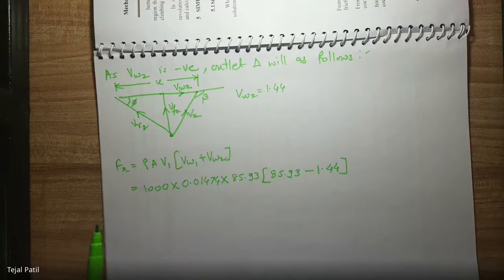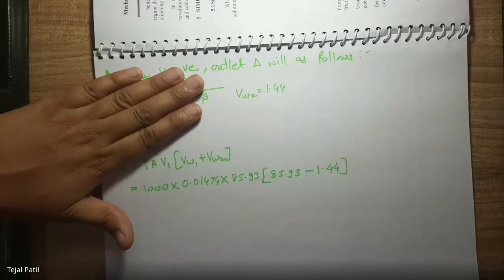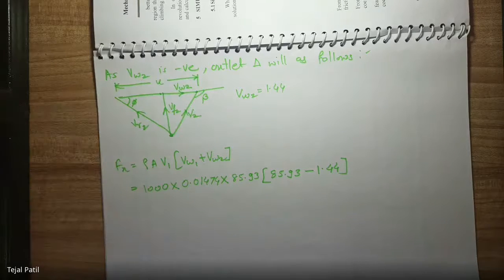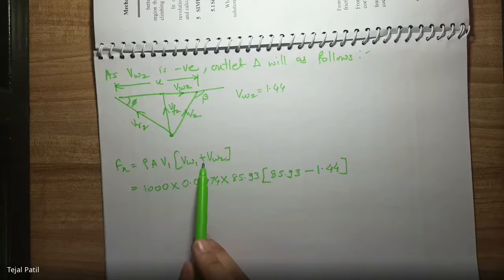To avoid confusion, remember that this is just to understand that when you get VW2 in a negative direction, the triangle has just changed. But when you are using it in a formula, use it along with the negative sign. Don't change your sign in this formula. Change it when you are putting the value.